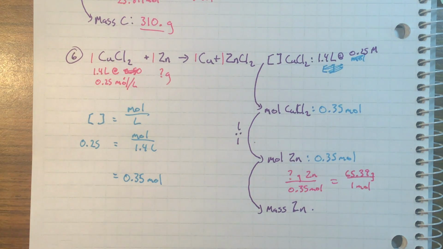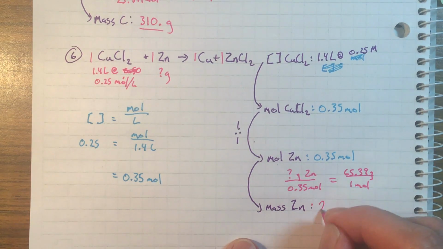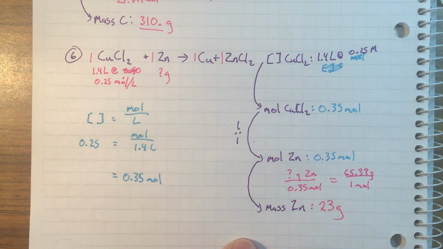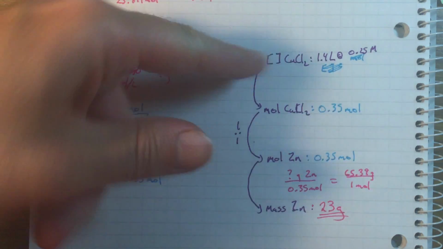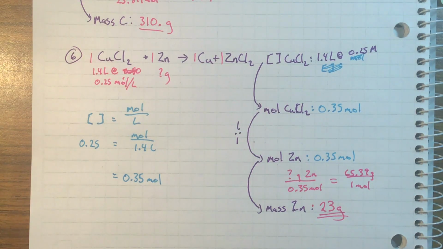So take 0.35 times 65.39, and we get 23 grams, the correct 2 significant figures. All right, so if we have this concentration of copper 2 chloride, then we're going to need this much zinc to react it as best we can with as little excess.